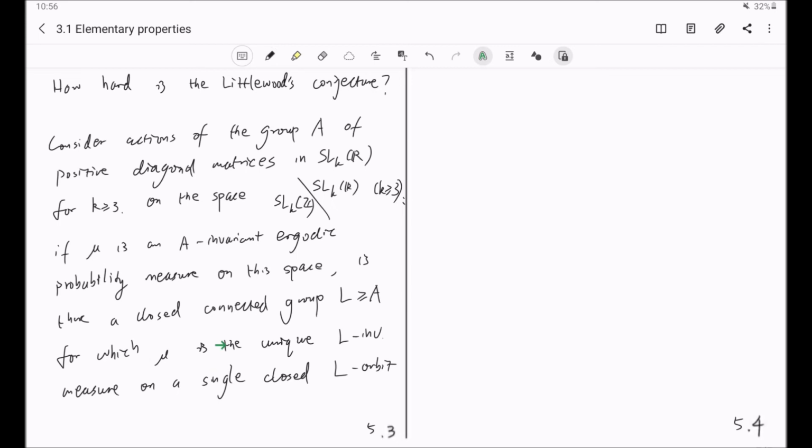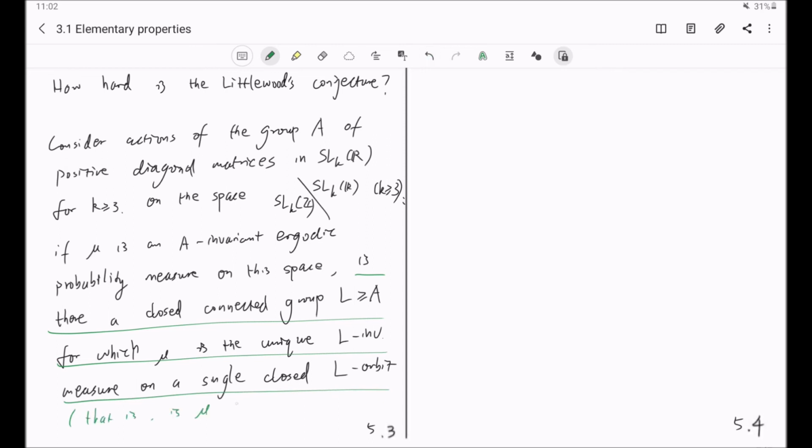We call this phenomenon the measure rigidity for mu. If this is indeed satisfied, then we call that mu is homogeneous.